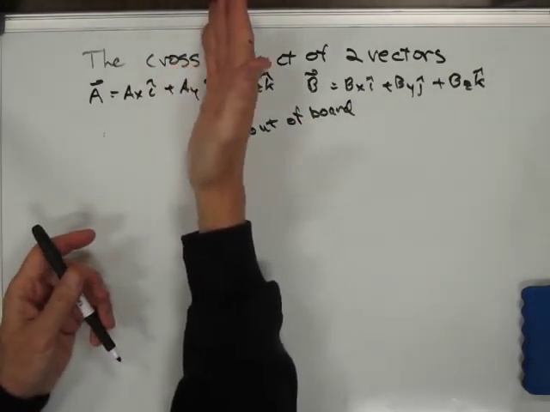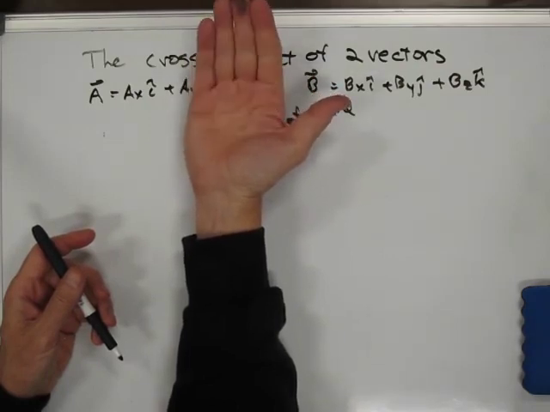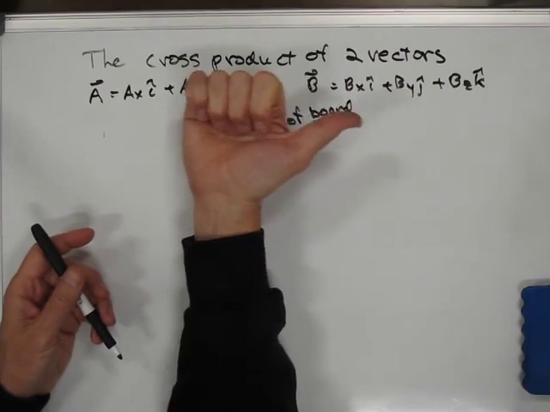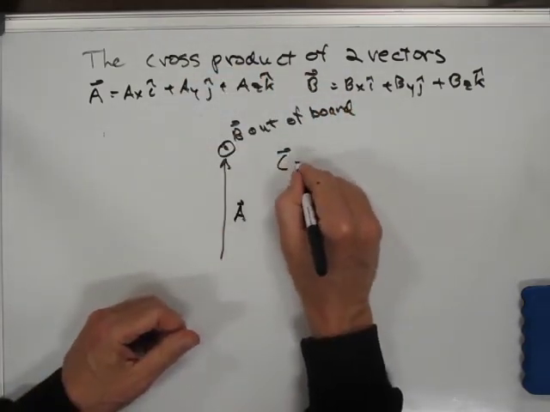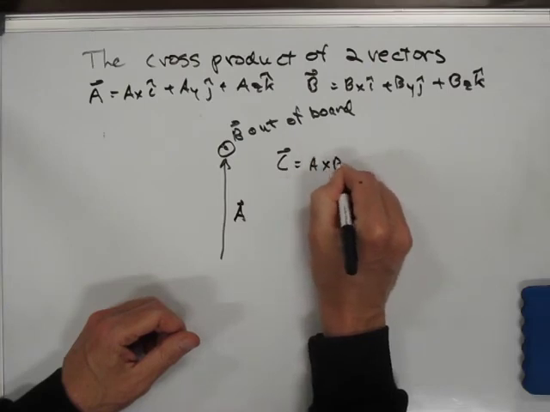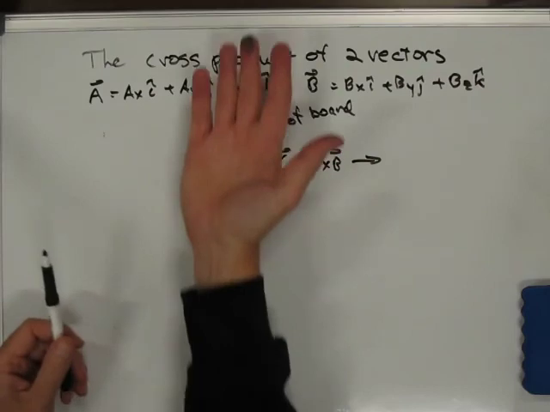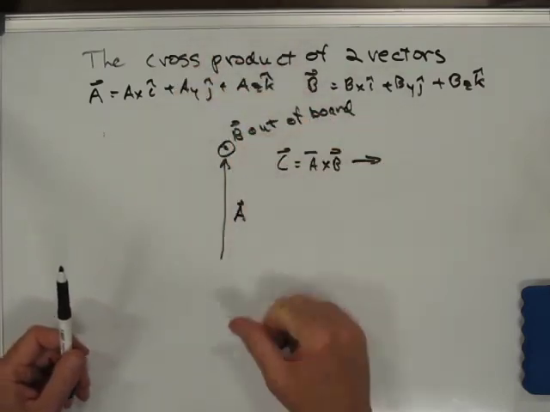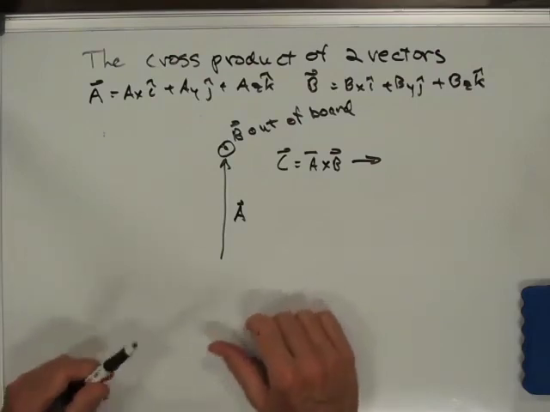So to do that, I have to rotate my hand this way so that I can curl my fingers up towards B, because B points out of the board. And that means my C points that way. A cross B gives me C. All right, those are a few examples.